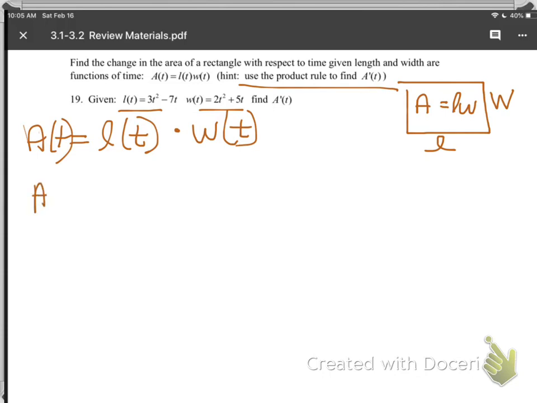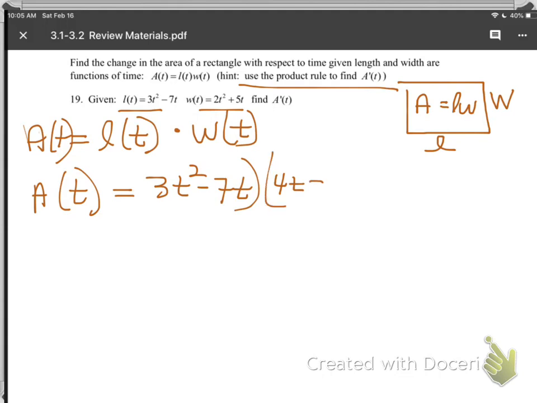Since they're both functions of time, so they're both derivatives, so we're going to say left, and left is the length, t squared minus 7t, d right, and d right is just 4t plus 5, plus right, so 2t squared plus 5t, d left, and that's going to be 6t minus 7.